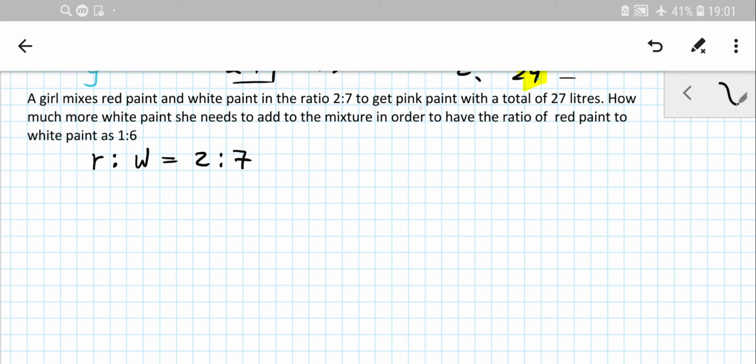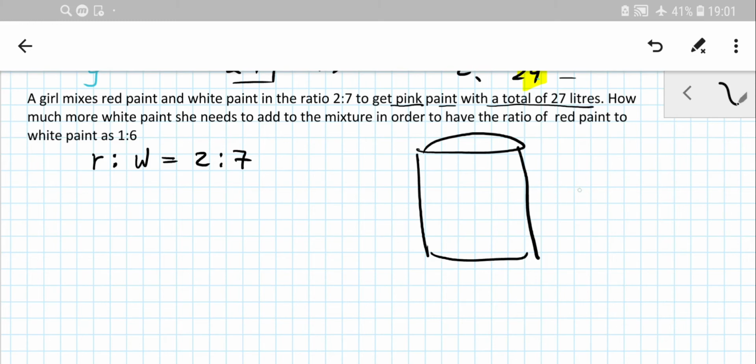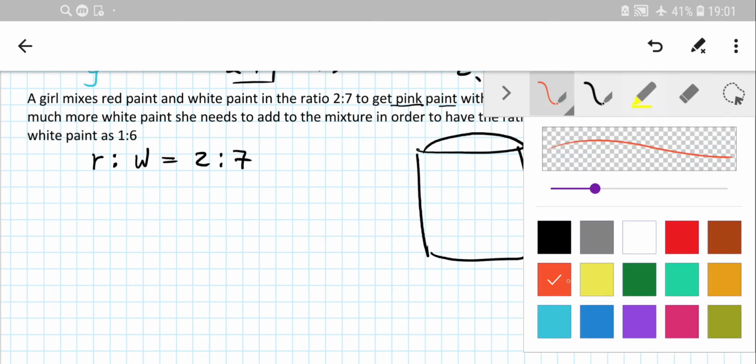Okay, so we get pink paint with a total of 27 liters. So we've got some can, right? We've got 27 liters in total. So here is some red, right?